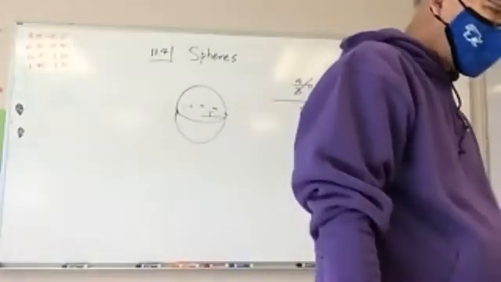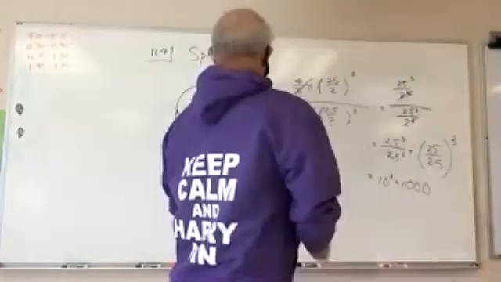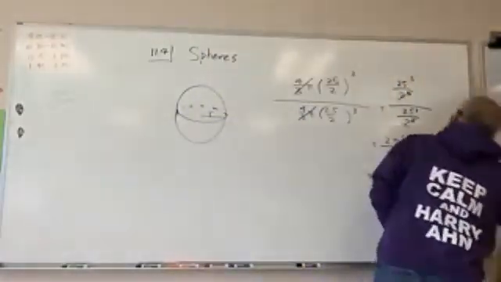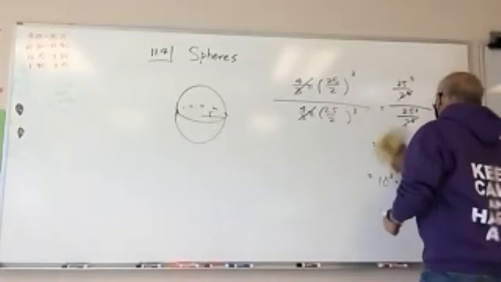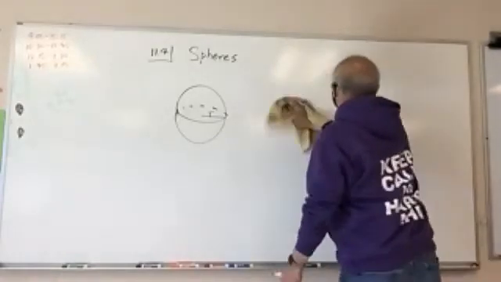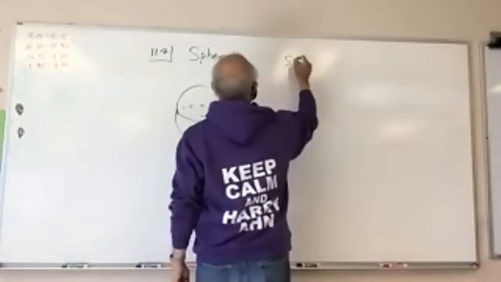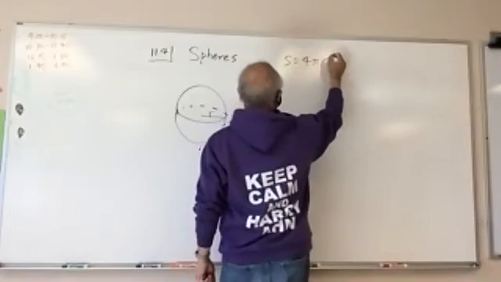Flip the page. Go to example number 3. Now we're talking about the surface area. Remember, what's the surface area? Our equation was 4 pi r squared.